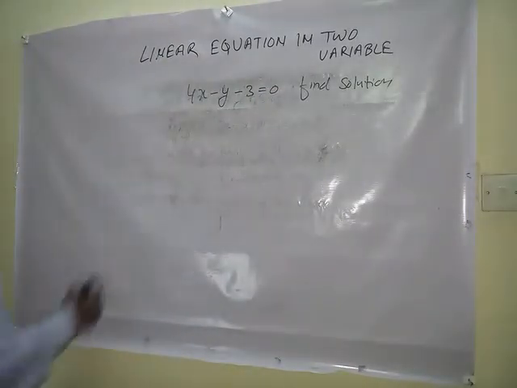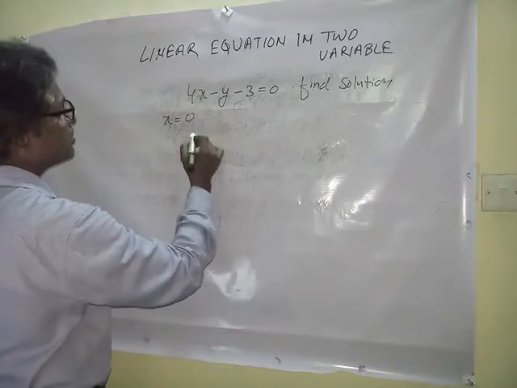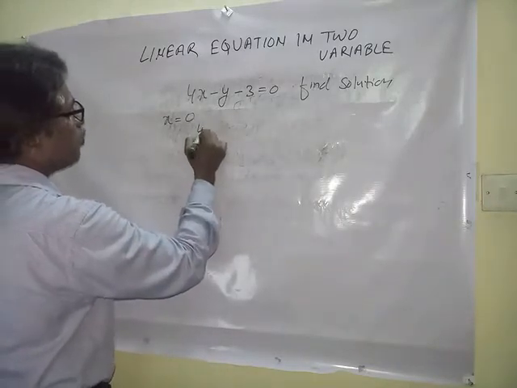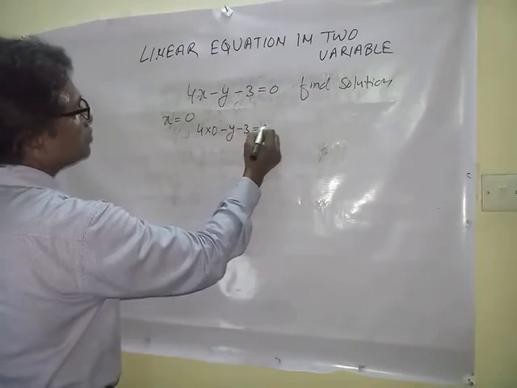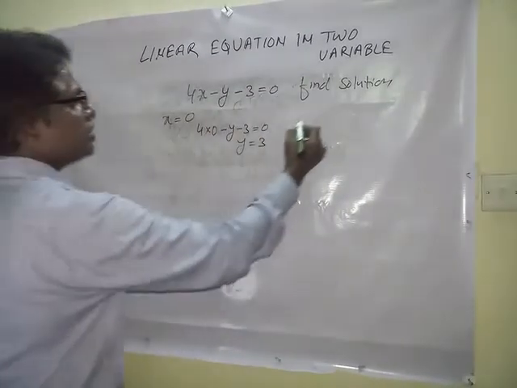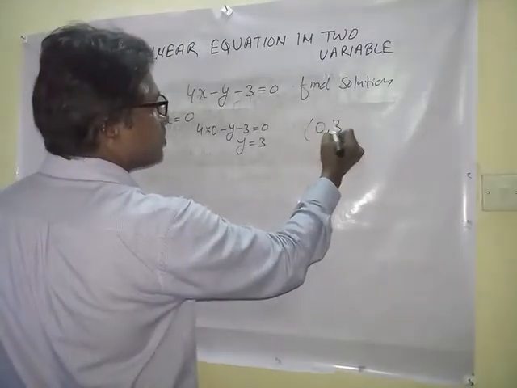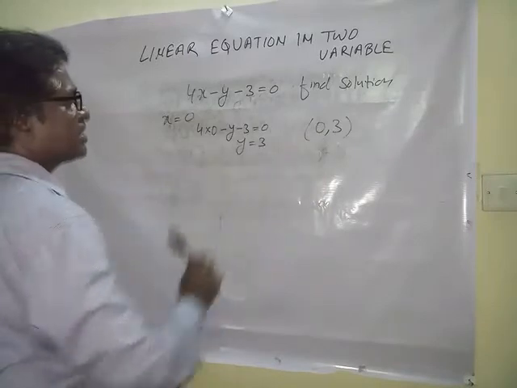Now what will you do? Put x is equal to 0 in this equation. So 4 multiplied by 0 minus y minus 3 is equal to 0. So y is equal to minus 3. So one solution is 0, minus 3. A solution is defined that way: the first value is x and the second value is y.